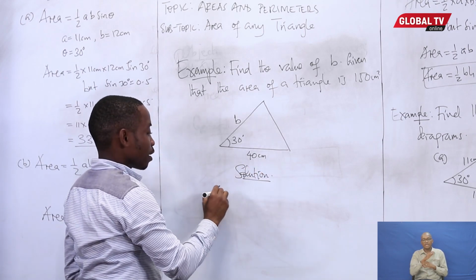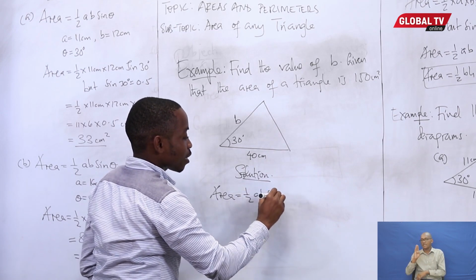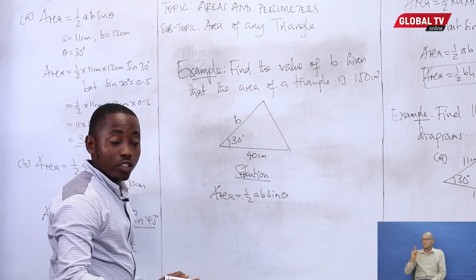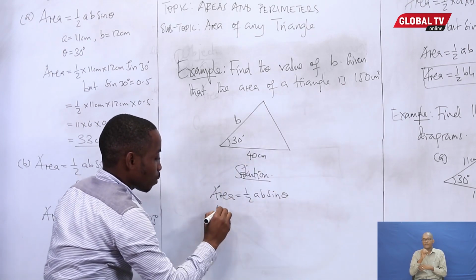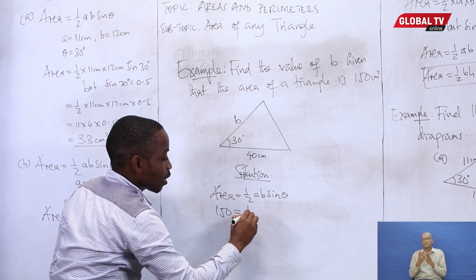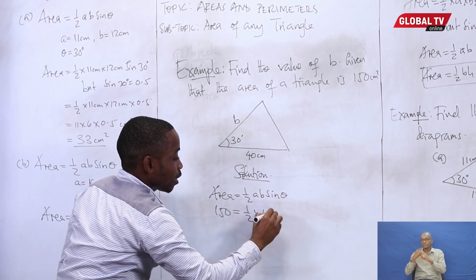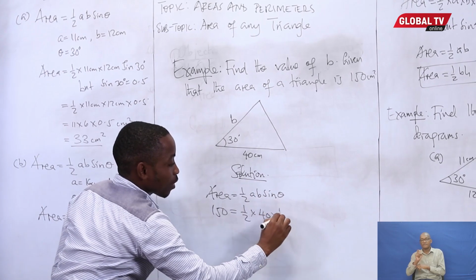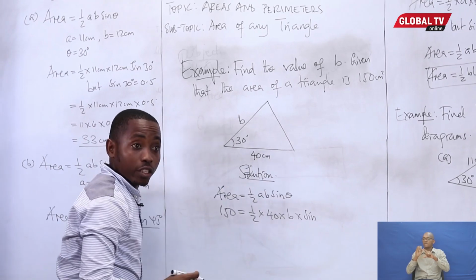The formula says area equals a half times AB times the sine of the angle between. Now, once you substitute, we are told that the area equals 150. So we substitute 150 equals a half times the first side A, which is 40, times the second side B, which we need to find, times the sine of our angle between, which is 30.